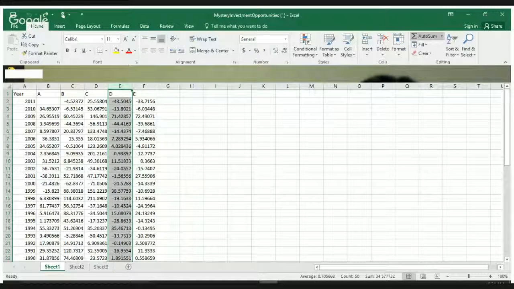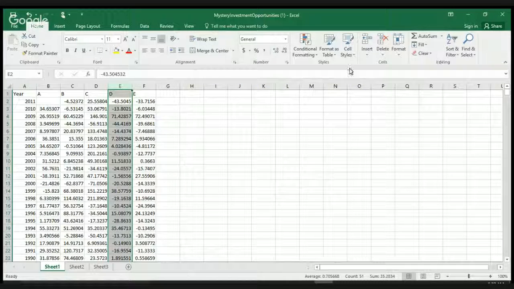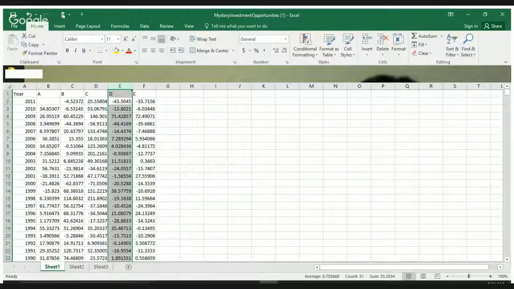Like if I put average, okay, so average for D, or the mean for D, no, was not 43. Yep. And somewhere I said we'll never use the word average in statistics, but here we go.